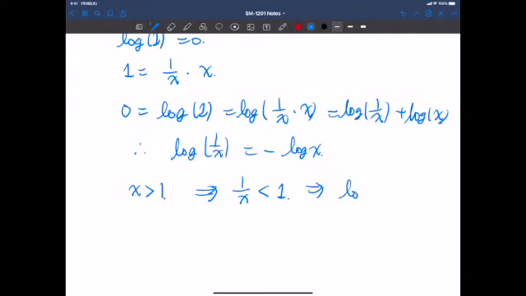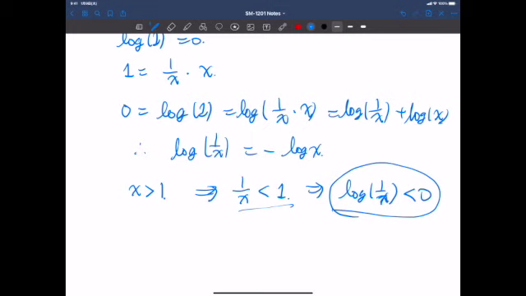In this case, log of 1 over x is negative, because log of 1 is 0, and 1 over x is less than 1 in this case. And log of x is strictly increasing, so therefore this must be negative.